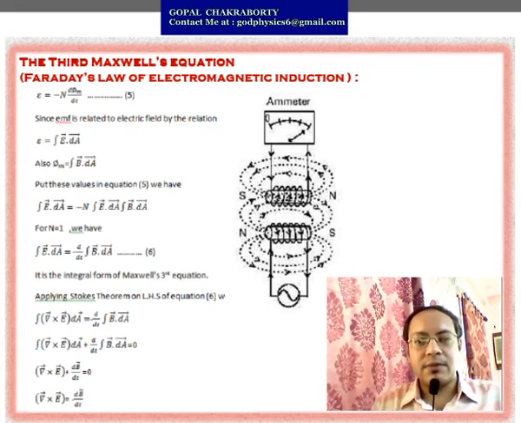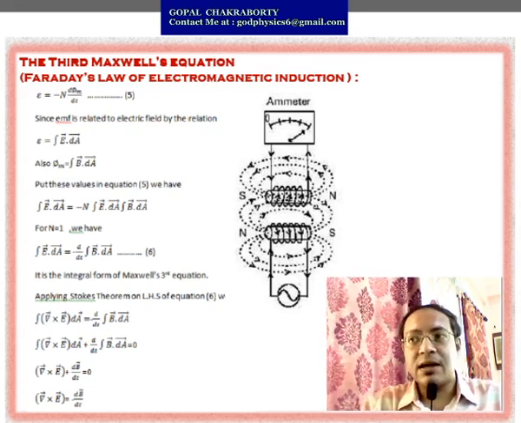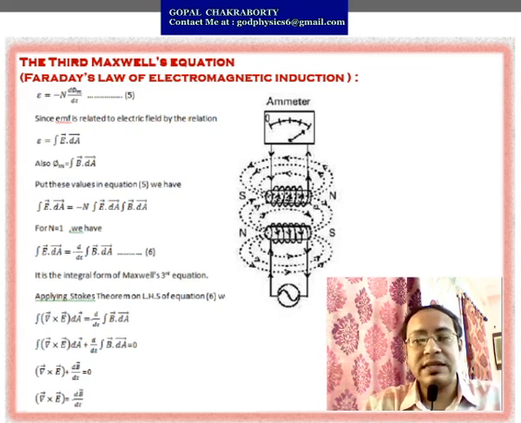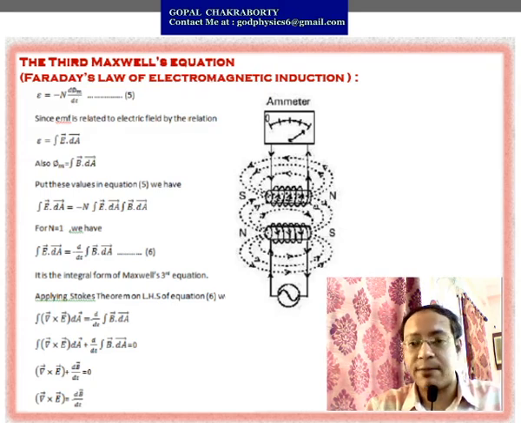So from this equation you can see how the induced EMF is generated when you change the number of lines of force passing perpendicularly through unit area, that means magnetic flux.